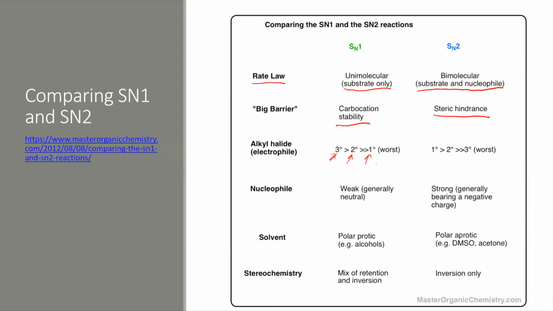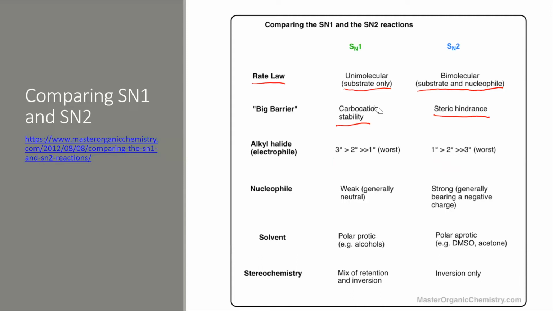And you almost never see an SN1 reaction with a primary. Now for an SN2 reaction, again, your methyl or primary is going to be best, a secondary following, and then tertiary is the worst for an SN2 reaction.